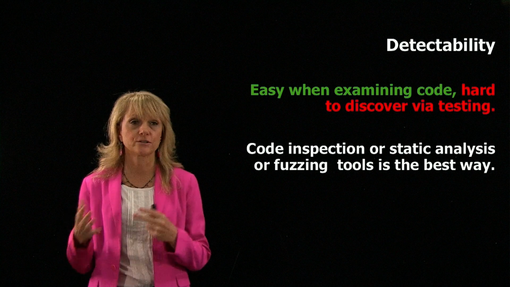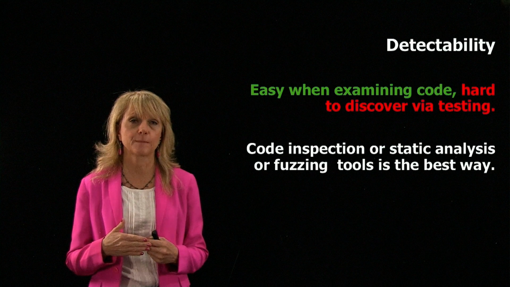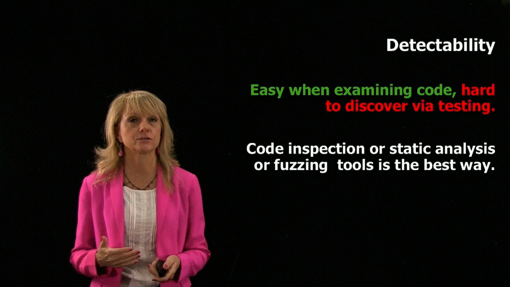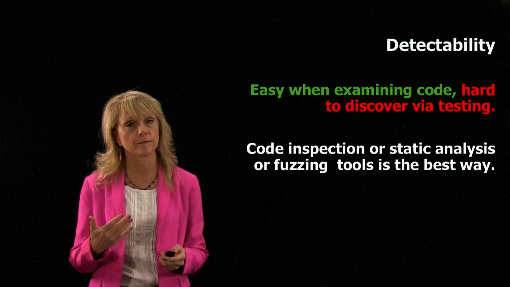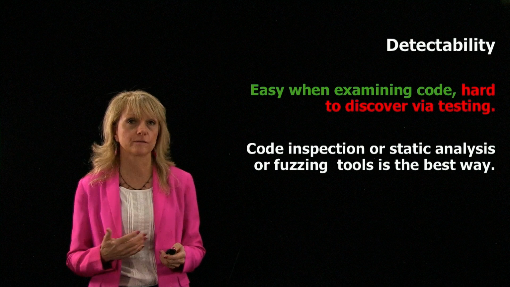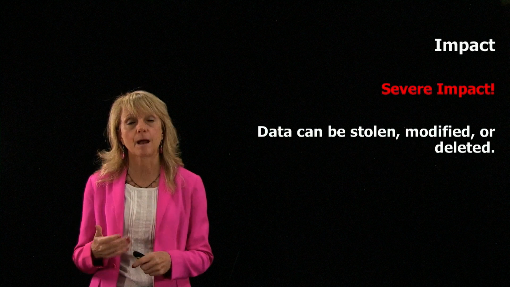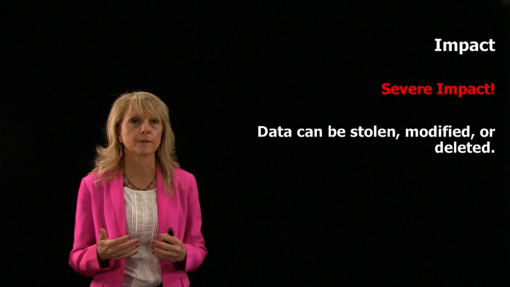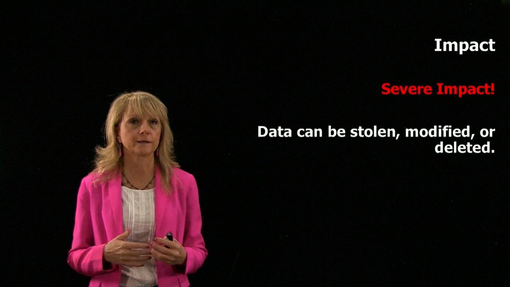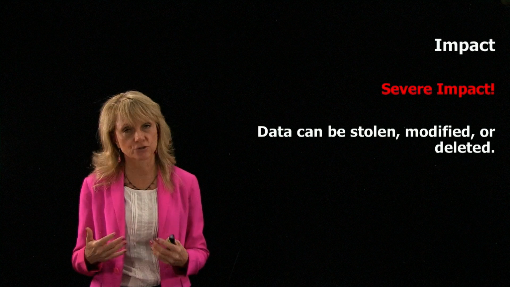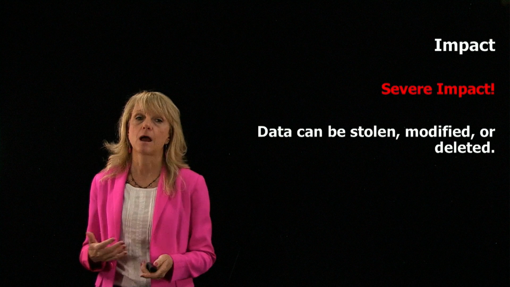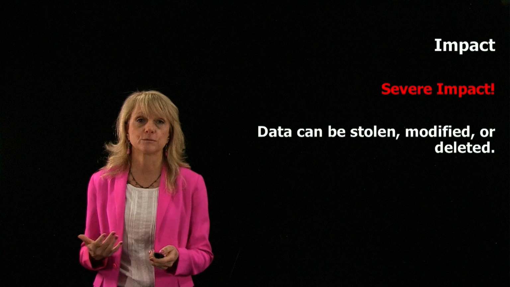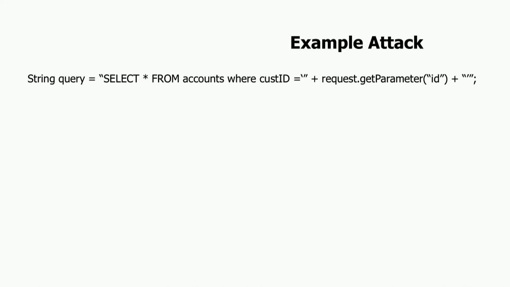So if you're trying to find if your system has any of these, my recommendation is that you use a static analysis tool to identify the locations of these types of vulnerabilities. The impact, if there is a vulnerability, can be very severe. Data can be stolen, lost, or changed. You're giving your attacker a mechanism to ruin your data.